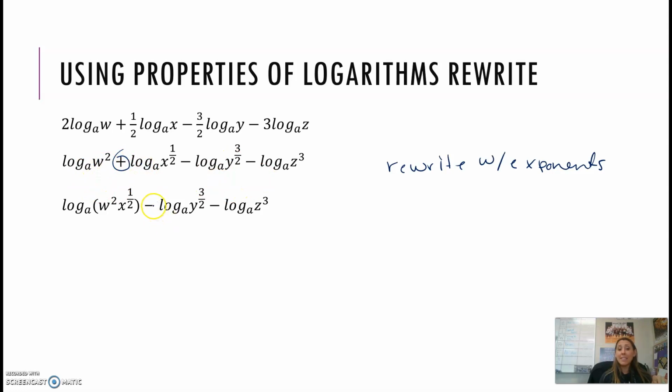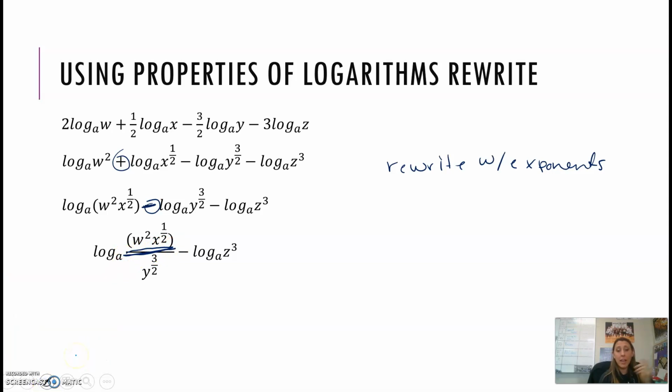But my minus sign right here tells me that I'm going to be doing division. So now I have that. Again, my log stays out here, just like it did right here. I'm reducing it down, and I'm making my answers go together. So this minus sign right here is this division sign right here. And I'm going to use a different color.